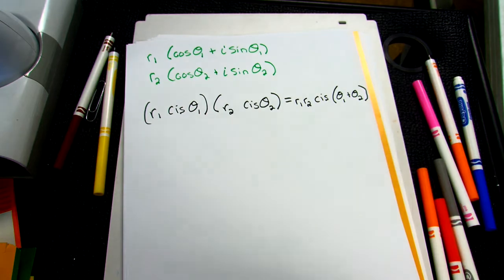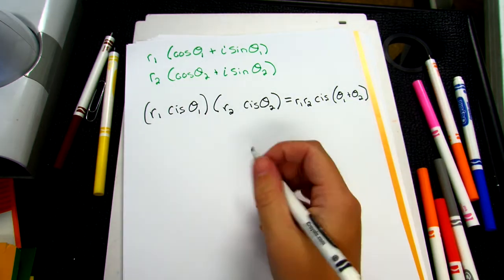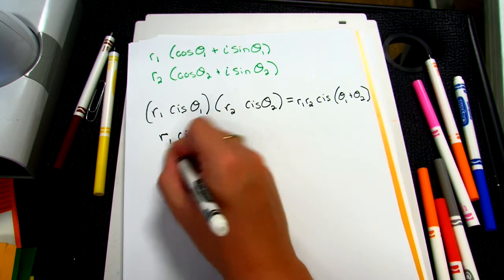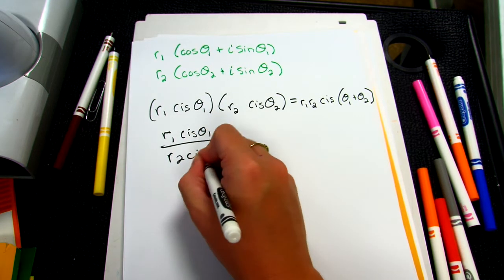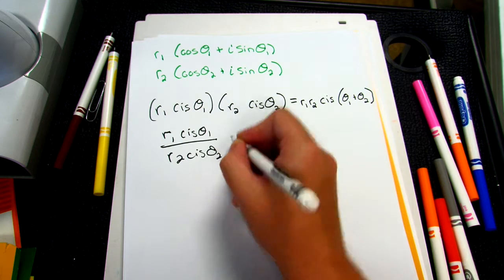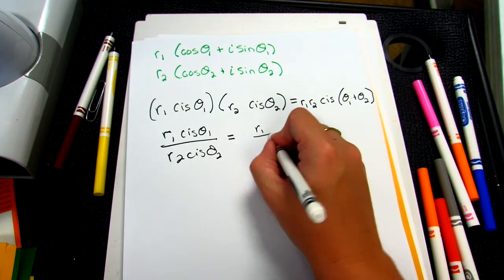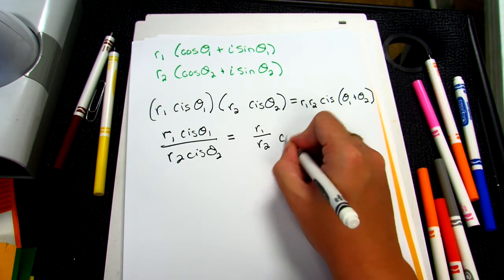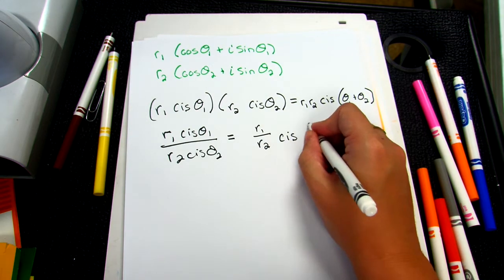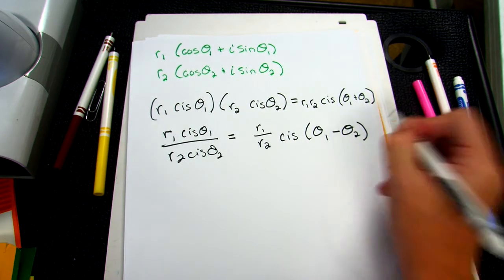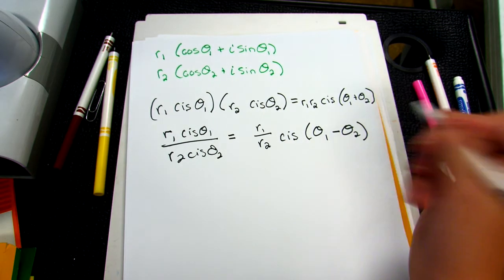That's the formula. If you're dividing, so let's say you have r1 cis theta sub 1 over r2 cis theta sub 2, your formula says this: r1 over r2 cis theta 1 minus theta 2. Those are your formulas.